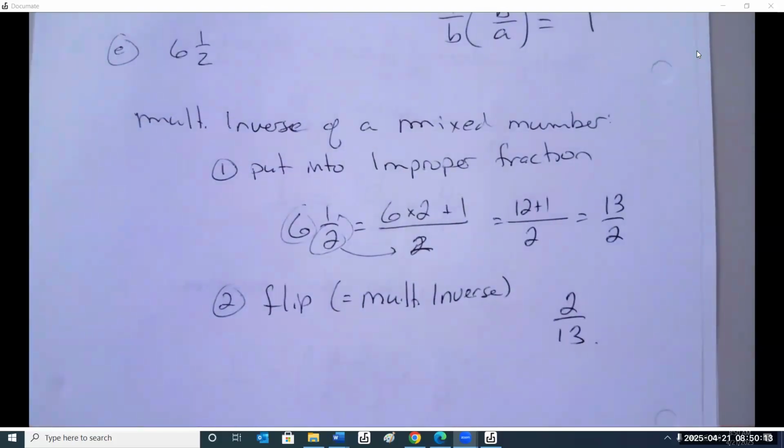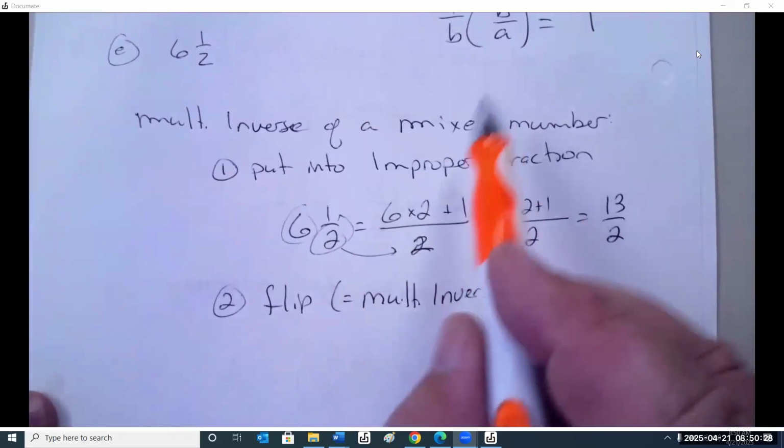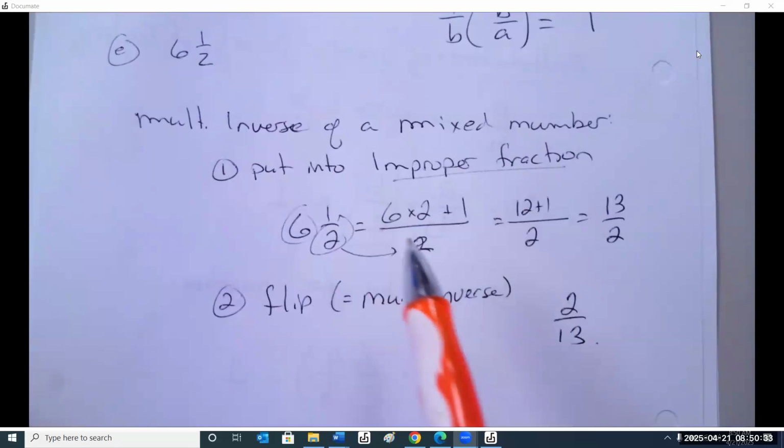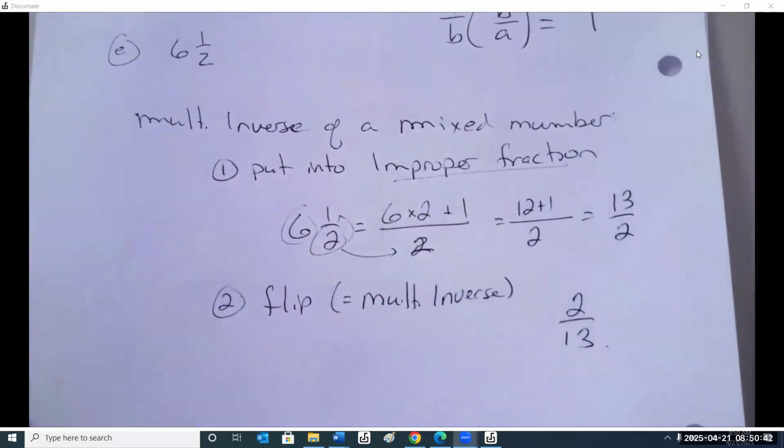Yes, you're absolutely correct, it was 2/13, but now you have to walk through it. Normally, the first thing you do is switch it to an improper fraction. Why would this be a good thing to do? Because the multiplicative inverse of an improper fraction will be a proper fraction. So far, so good? All right.